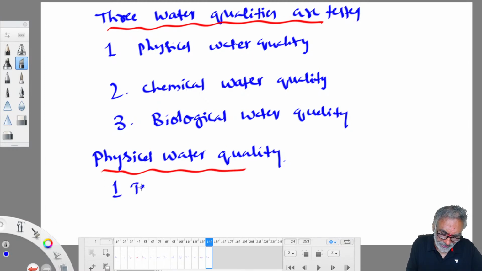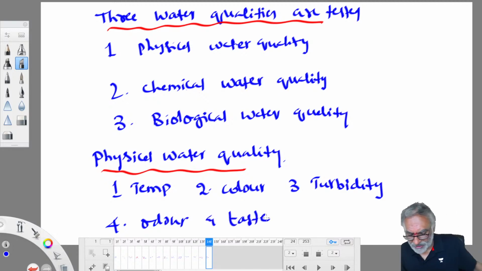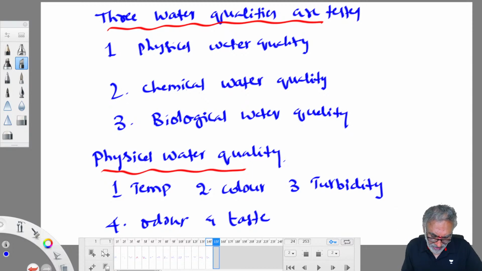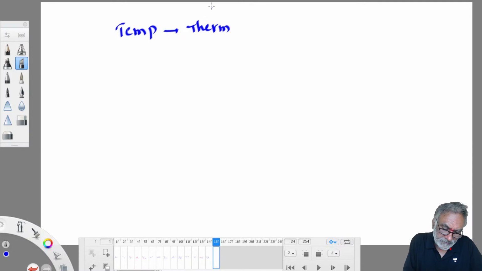One is temperature, second is color, third is turbidity, fourth is odor and taste. These 4 parameters we test, and they should match water quality standards. Then only it is known as wholesome water. Temperature is tested by a device known as a thermometer.